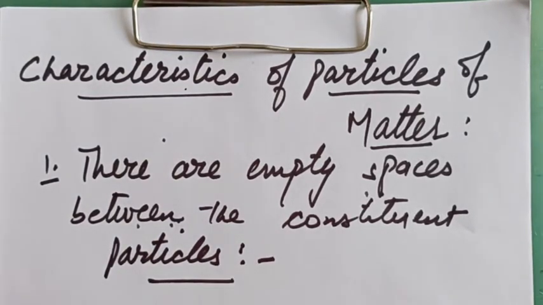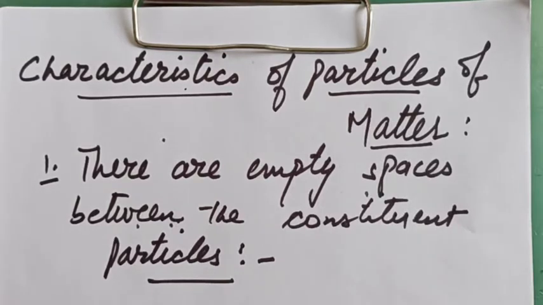It means that between particles there is always some empty space. We did in the last lecture that matter is made up of particles. It is not continuous, it is discontinuous in nature, in discrete form. So the particles always have empty spaces between them.